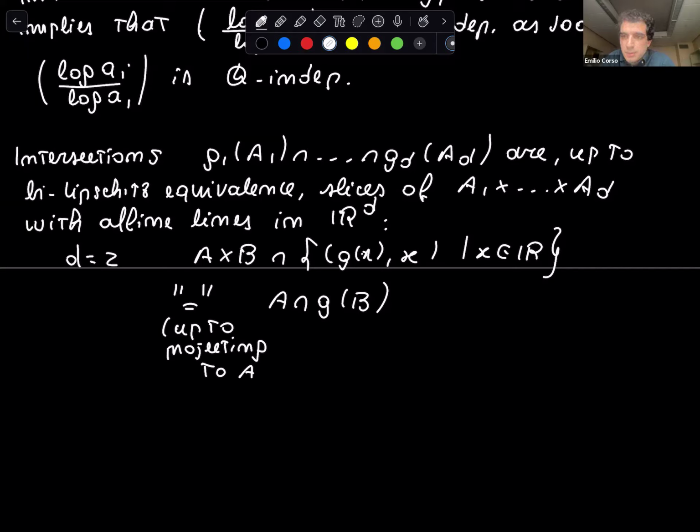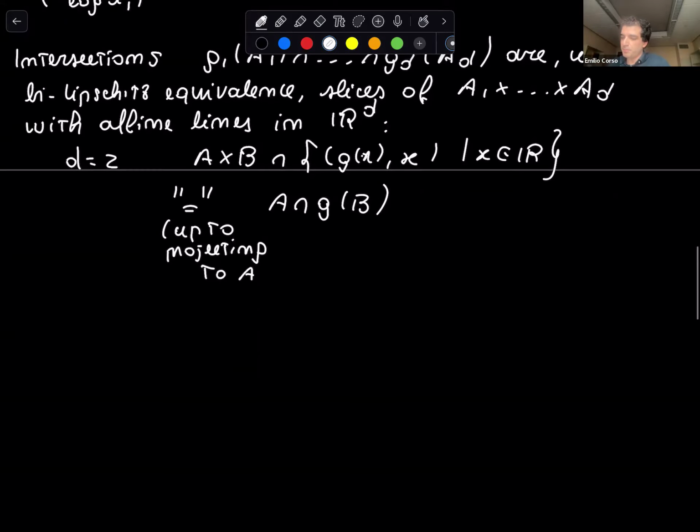But of course, the moment we intersect with affine lines, we can more generally inquire about intersection with arbitrary subspaces. So now we deal with this more general problem.